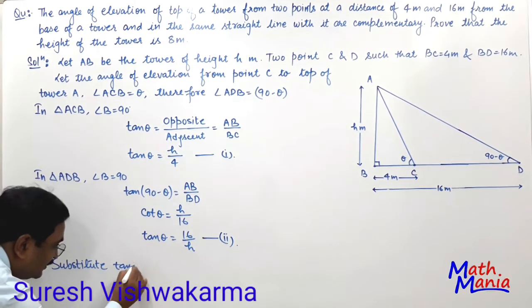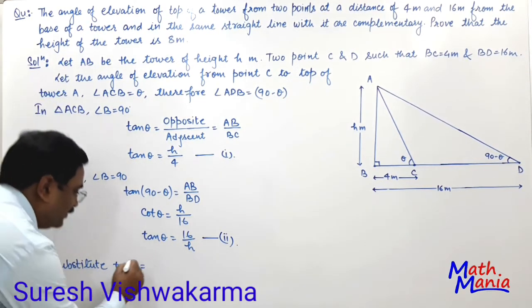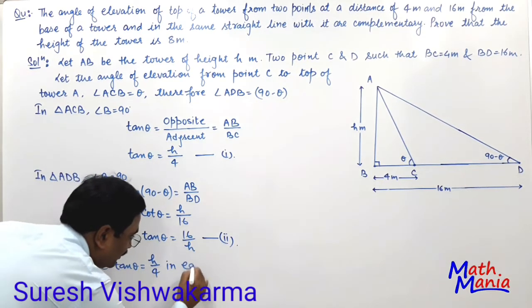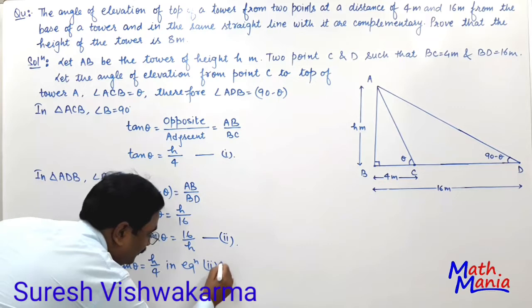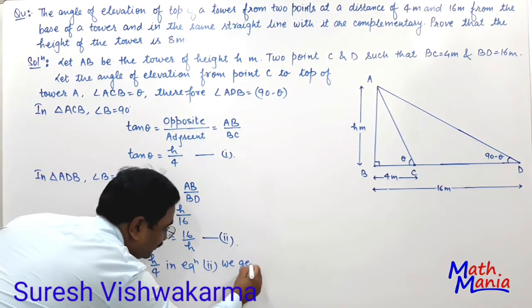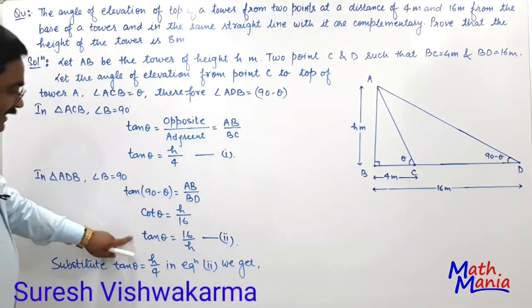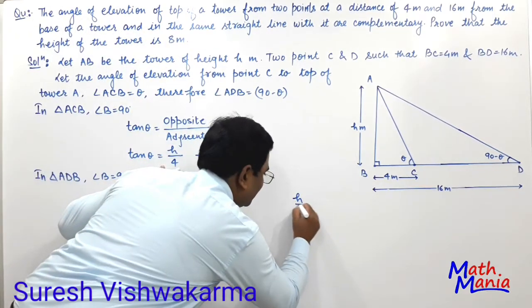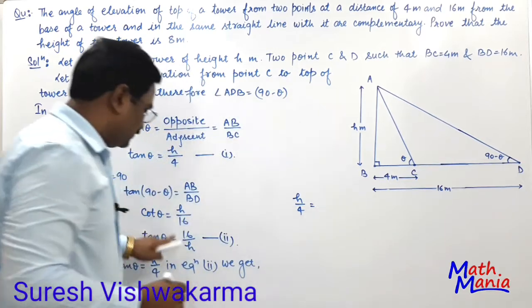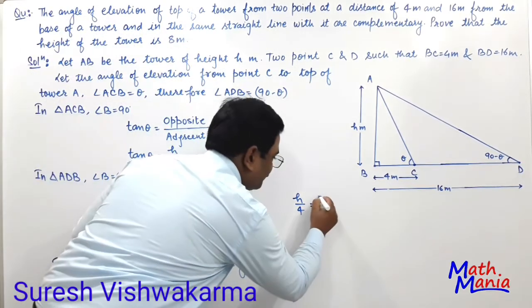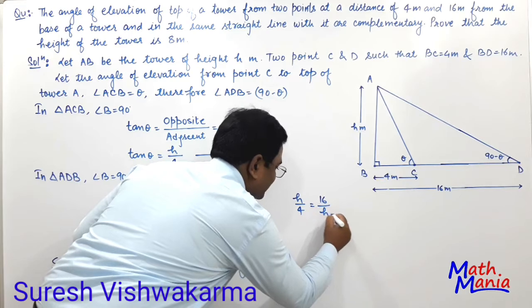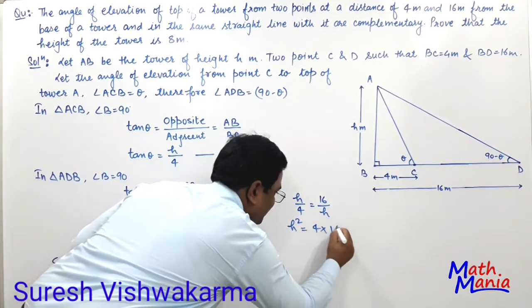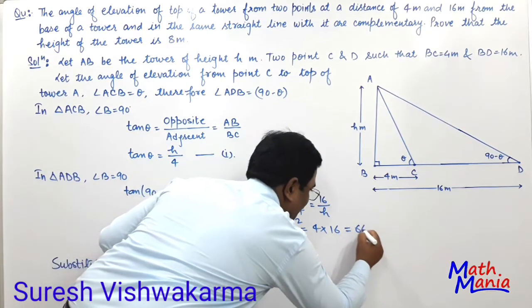We get H by 4 equals to 16 upon H. So cross multiply, we will get H square is equals to 4 multiplied by 16, which is 64.